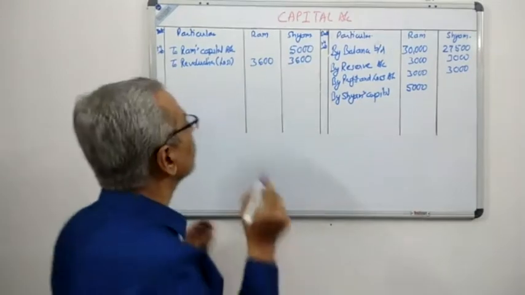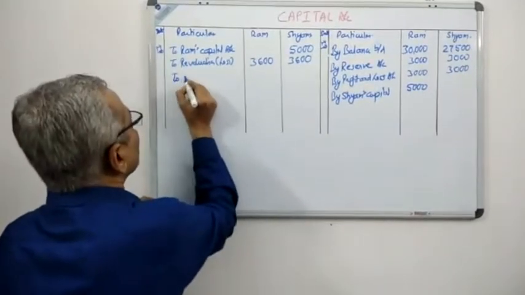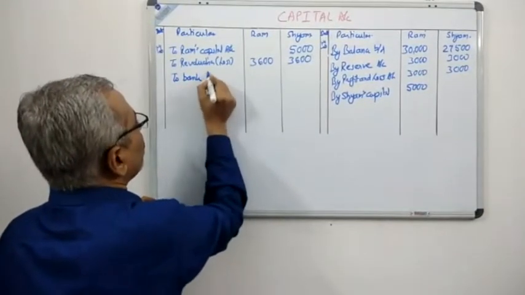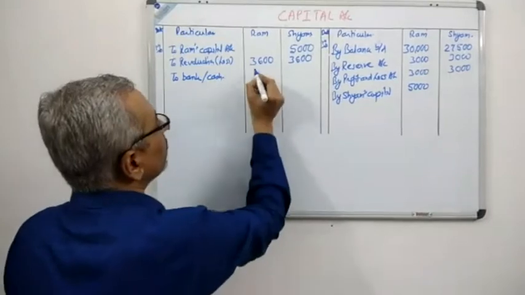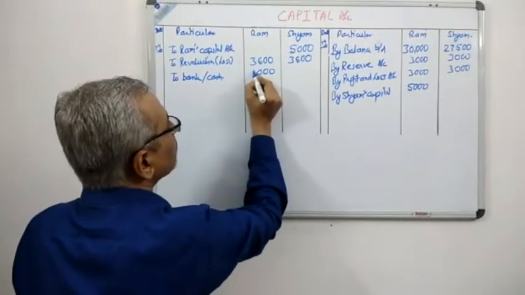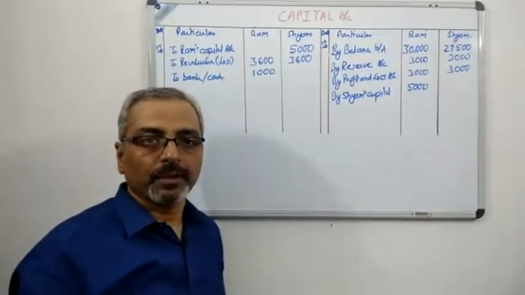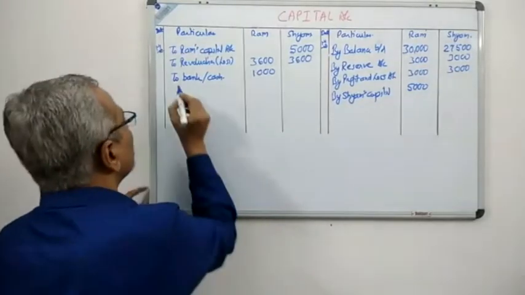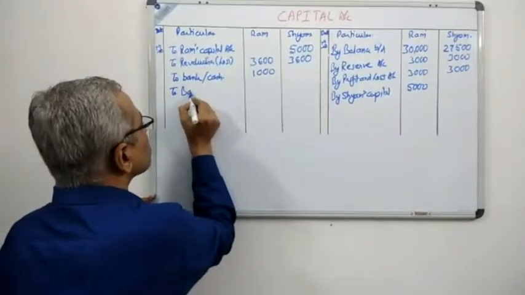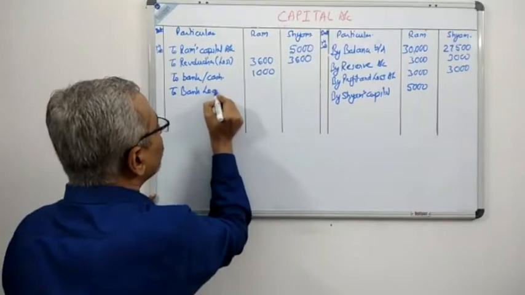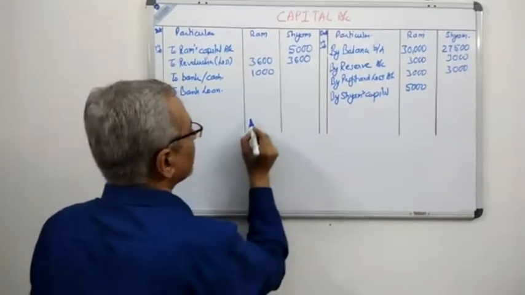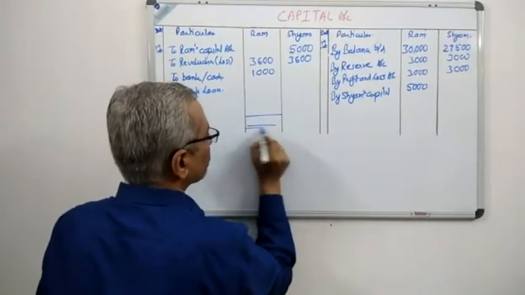Okay, so the first payment over here which we are doing is to bank or cash, whatever is in the balance sheet, 1,000, and the rest amount is basically a loan. So to bank loan, we have taken a bank loan and we'll find out how much it is.